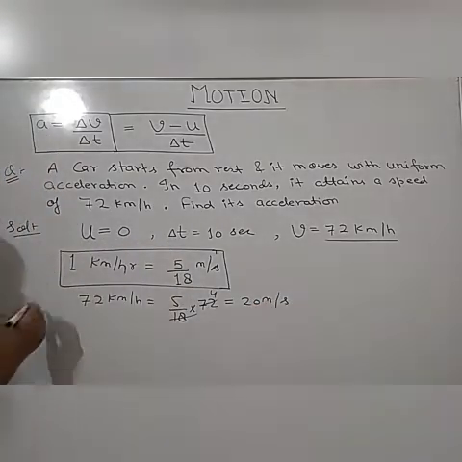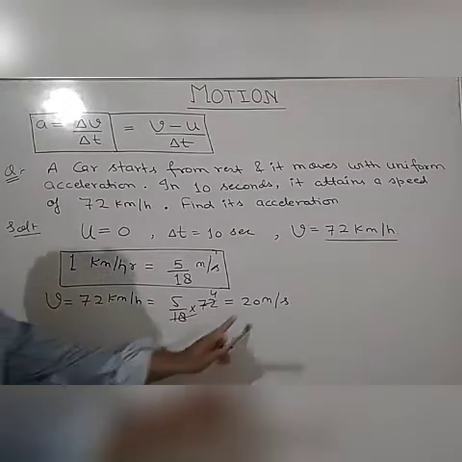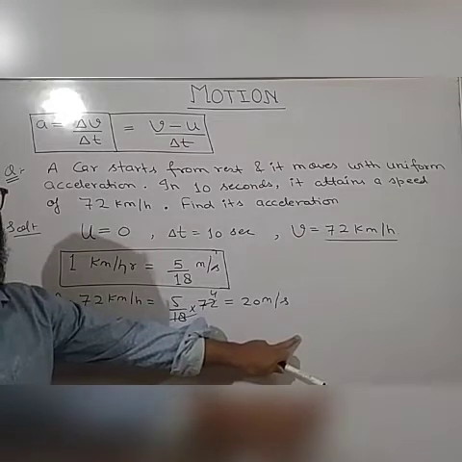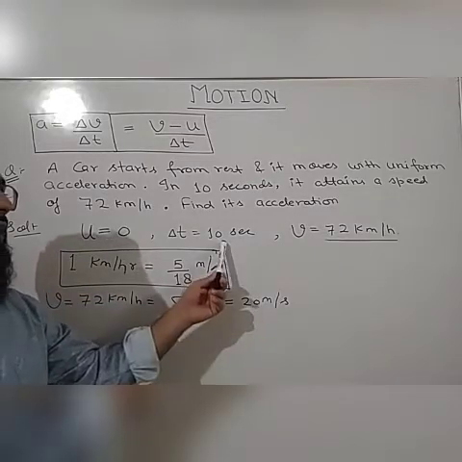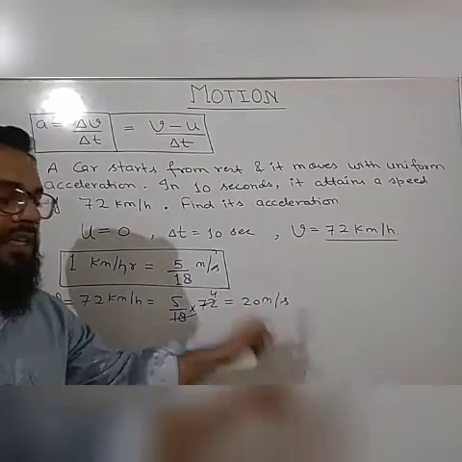So the final velocity v, which was given as 72 km per hour, we have converted into meter per second because the time is given in seconds.